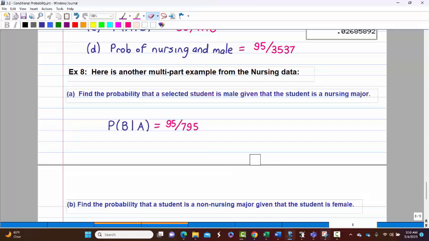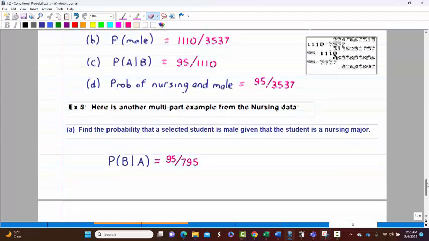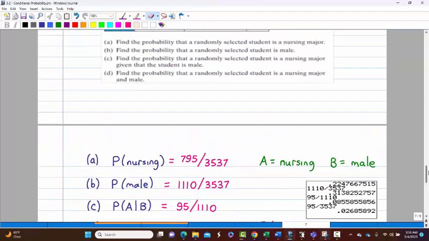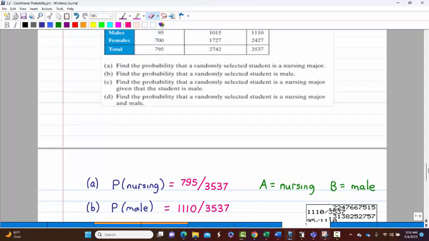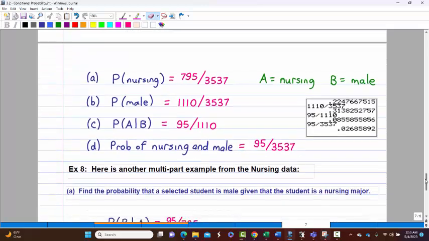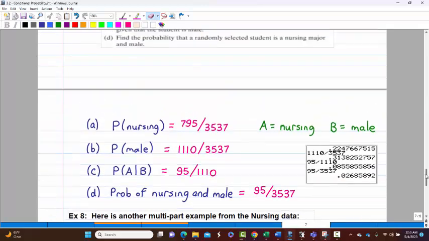Probability that a selected student is male given that the student is a nursing major. Now, that may sound a lot like Part C, but it's not. It's the complete reverse. Part C says probability that they are a nursing major given that they're male. This says what's the probability of male given that it's a nursing major.